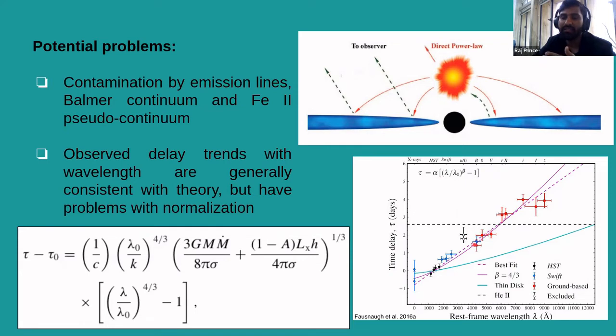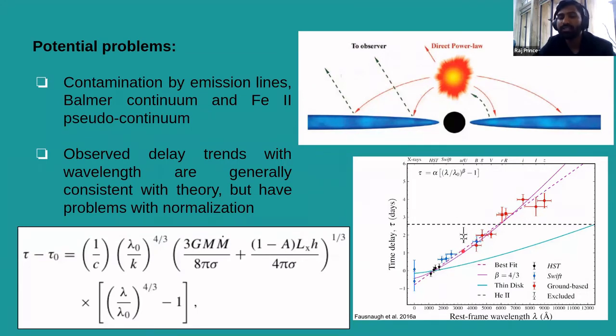So this is an outlier from this trend. This is speculated to be emission from the broad line region, which is contaminating this continuum emission.